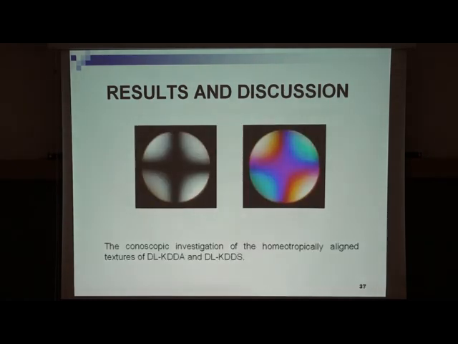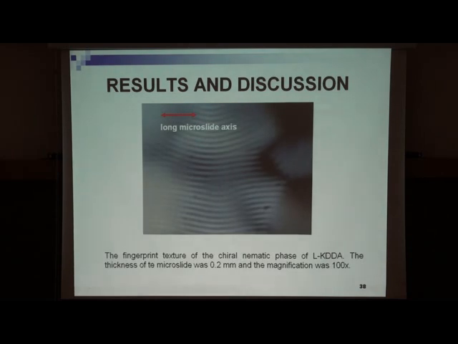When we applied conoscopy to these phases, the characteristic colors for ND minus are observed. And this is the texture of the cholesteric phases, and the helix axis is perpendicular to the glass sides.